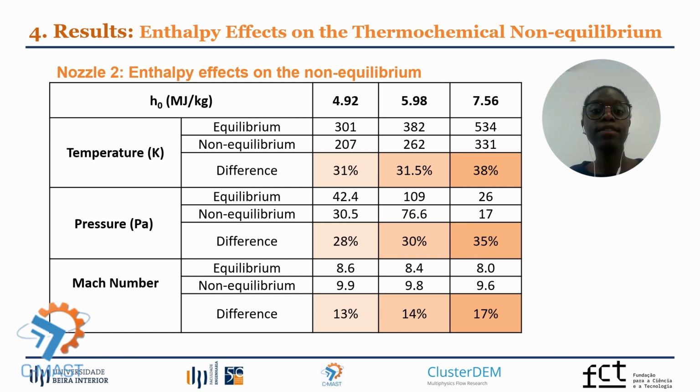It's 30% for a stagnation enthalpy of around 6 megajoule per kilogram. And if we increase the stagnation enthalpy to 7.56 megajoule per kilogram, we have a difference between equilibrium and non-equilibrium of 35%.